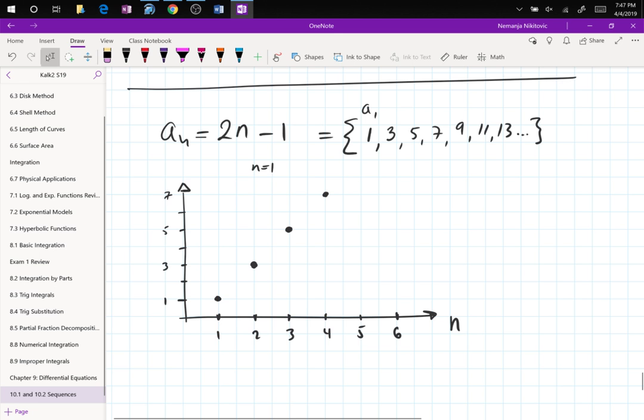Now, I can enlarge this. Give me a second. So when I enlarge this graph, look at this.